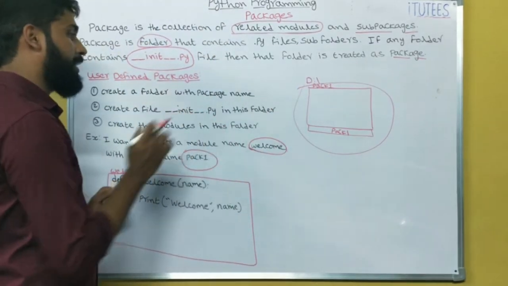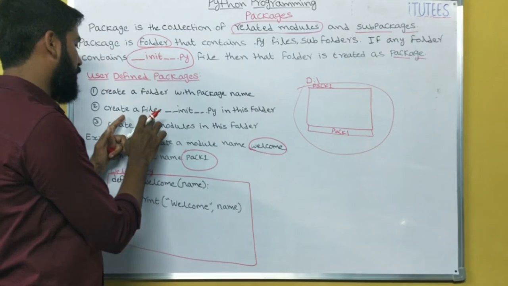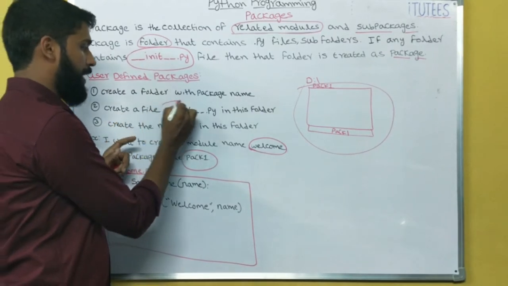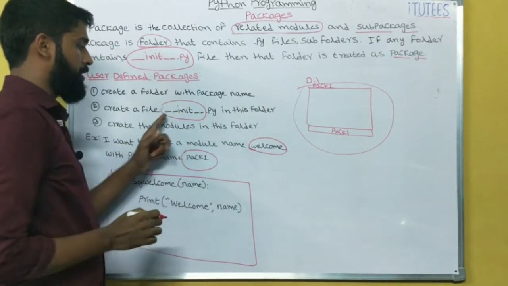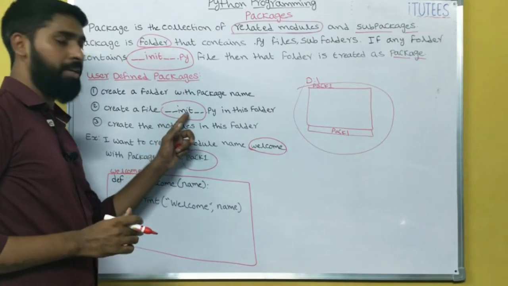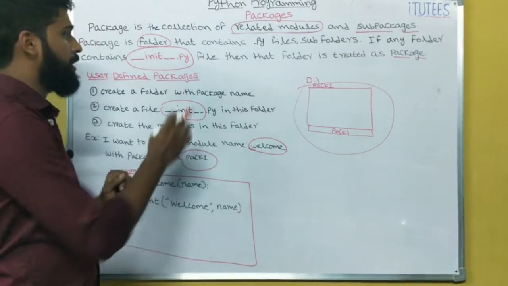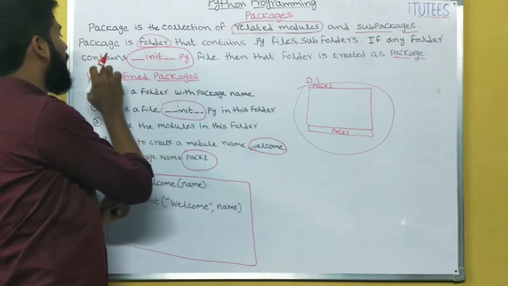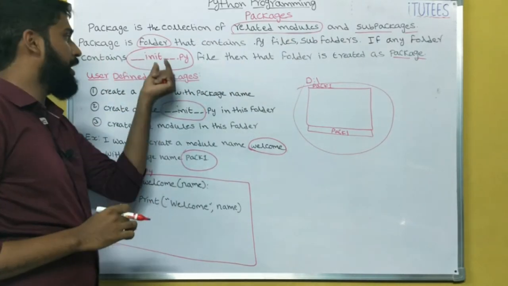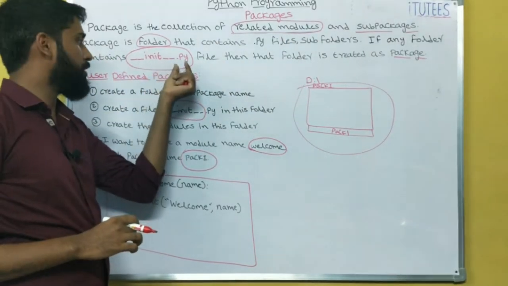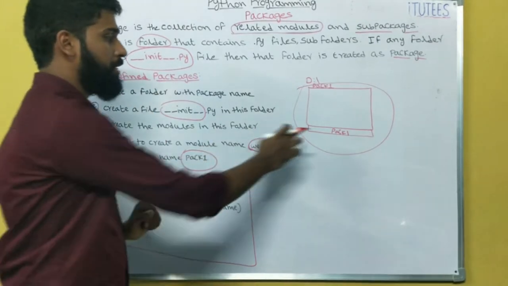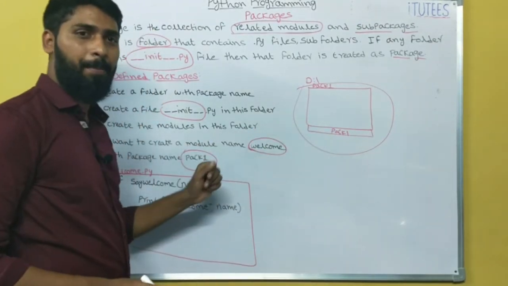But after creating the package, we are going to create one file. What is the file name? Underscore init underscore dot py. What we discussed already: if any folder contains this file, __init__.py, then only this pack1 folder is treated as a package.